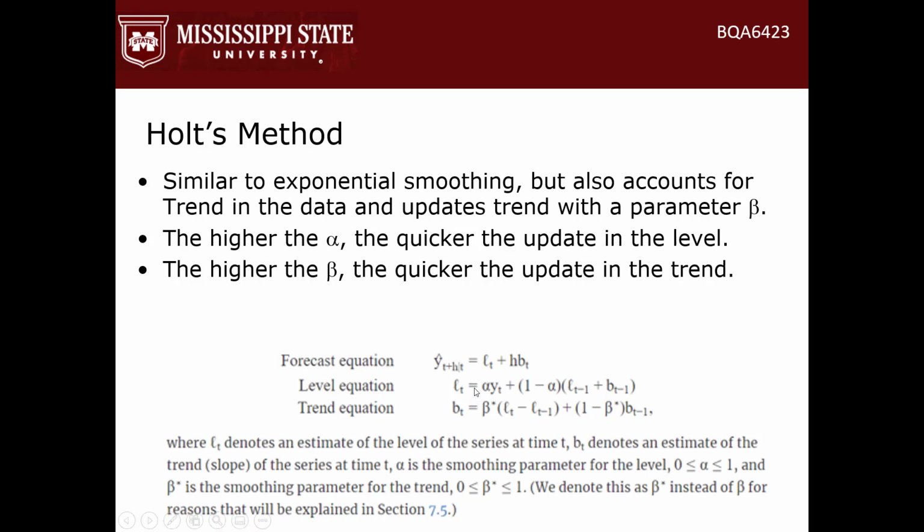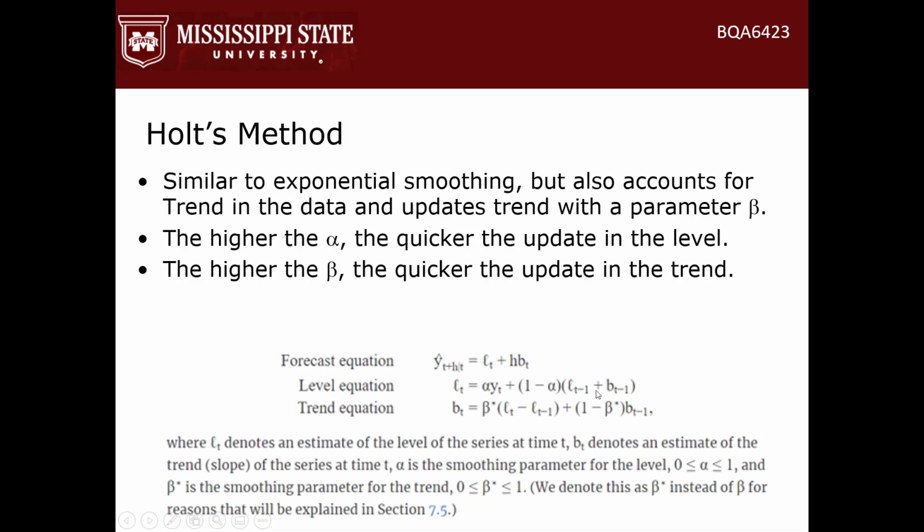So our level is very much the same as before. It's a combination of our actual, where Y_t is our actual value, and L_{t-1} plus B_{t-1}, the previous level plus trend, which is our forecast of the value.